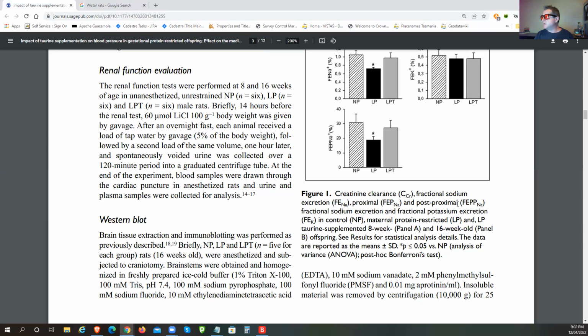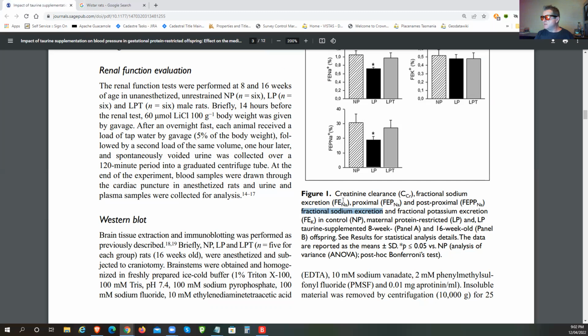And those other percentages are all to do with the sodium side, these three.